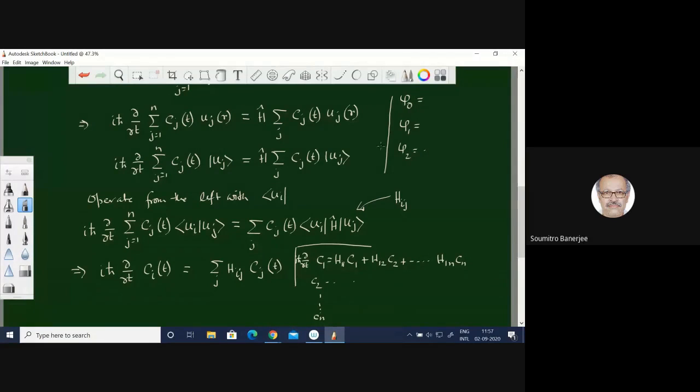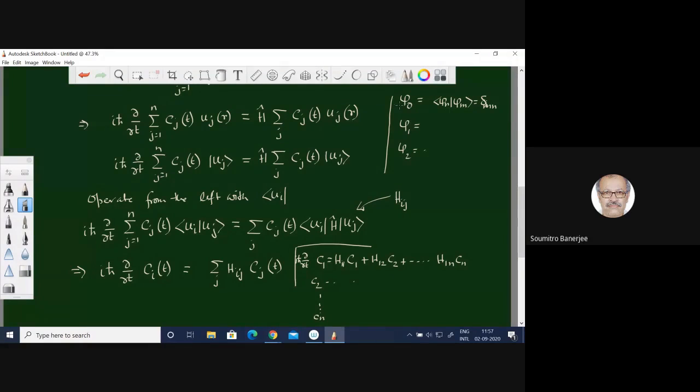All that we know is the property that the inner product of psi n and psi m is delta mn, which means that they are orthonormal vectors, and therefore these can be taken as mutually orthogonal basis vectors.